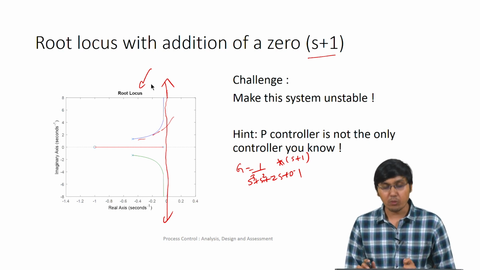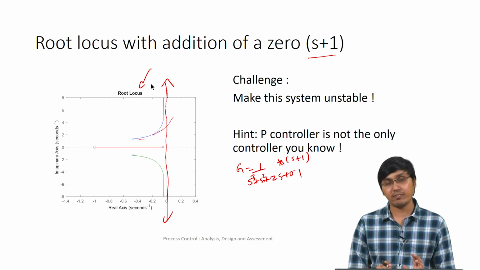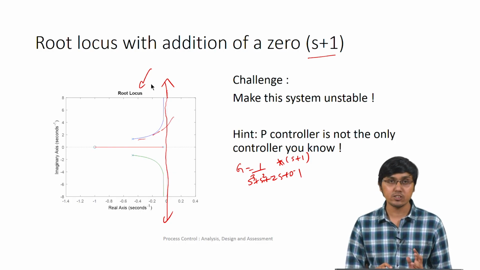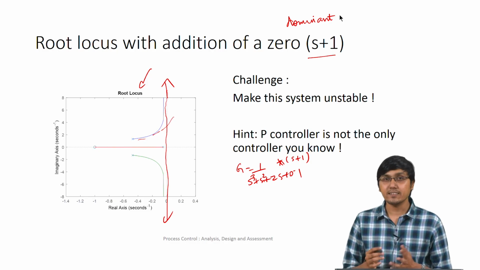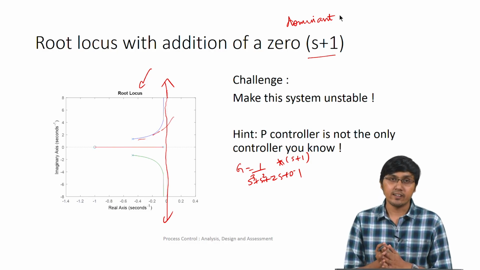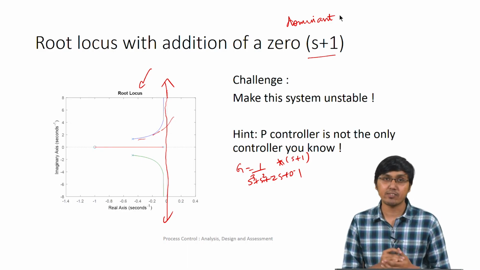And one more thing, when we talk about poles and zeros, we talk about something called a dominant pole. So, what is this dominant pole? Everything you can easily visualize when you do the partial fraction thing.